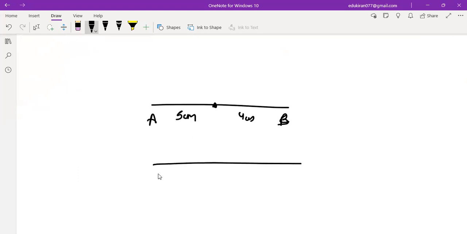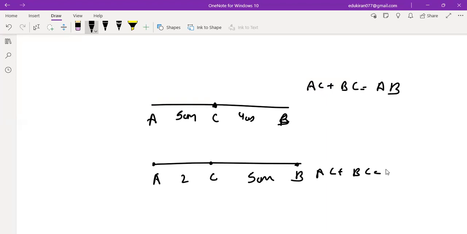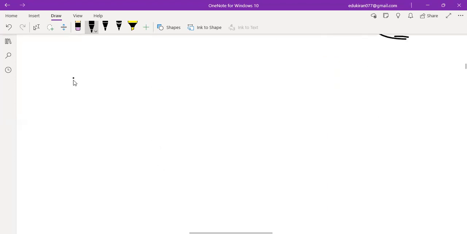I can make another situation over here. C can be here. It can be 2 and 5. Yes, ma'am. All of them will be saying that AC plus BC equals AB. In this situation also, AC plus BC equals AB. Yes? Yes, ma'am.